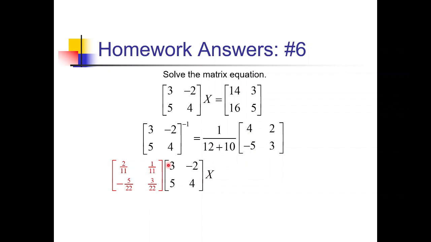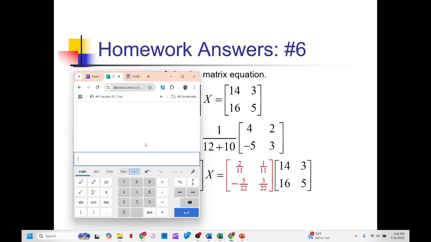When we multiply it by this matrix over here, since it's the inverse of this matrix on the left, that actually cancels this out and leaves us with just X. But we also have to multiply this inverse matrix by the other side of the equation, and I'll have to put it on the left side of all that to do the correct order of multiplication. So let's multiply this out, and I'm going to get Desmos' scientific calculator to help me out with this. So let me do first row times first column.